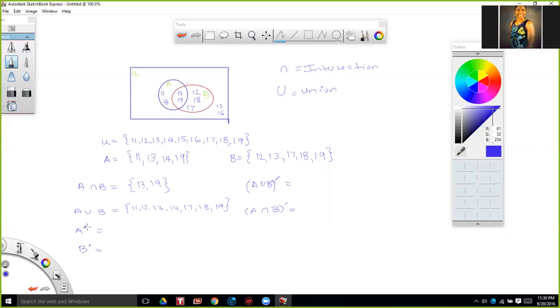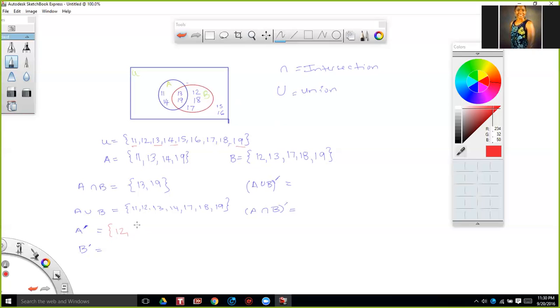Now, going into the primes, A prime. You're seeing all the elements that are not part of A. Part of A is 11, 13, 14, and 19. So I want all the elements that are not part of A, which includes everybody else.